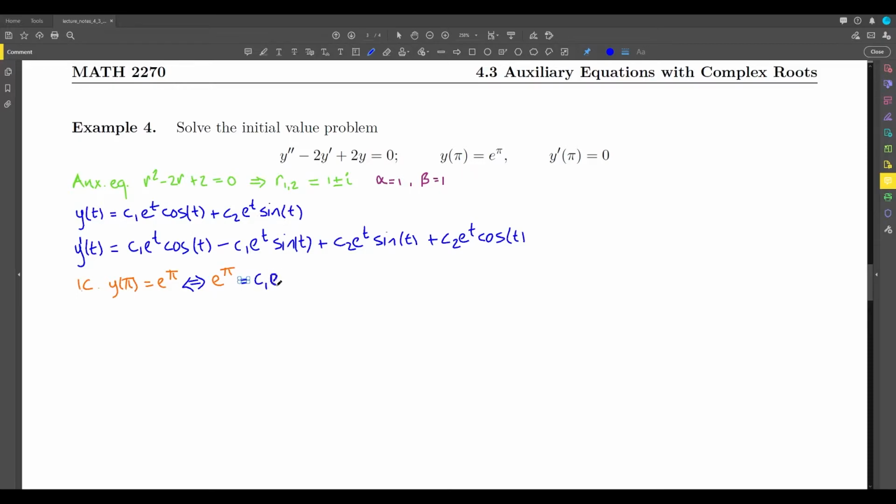So we have c1 e to the power pi times cosine of pi plus c2 e to the power pi sine of pi.